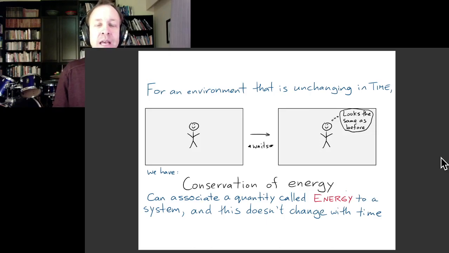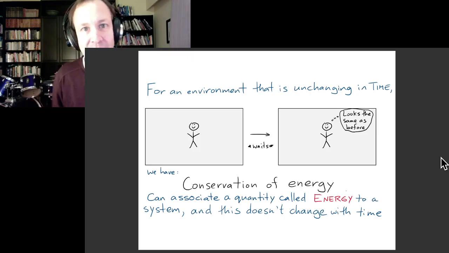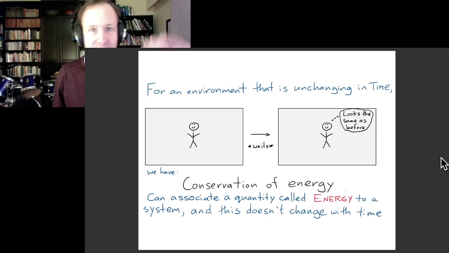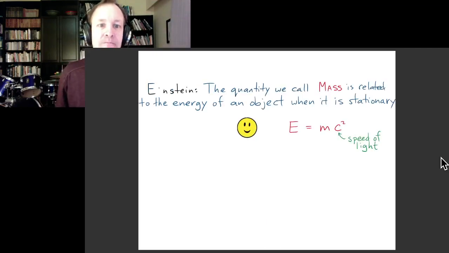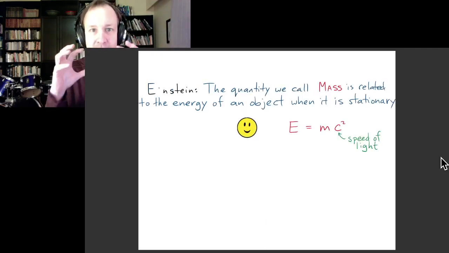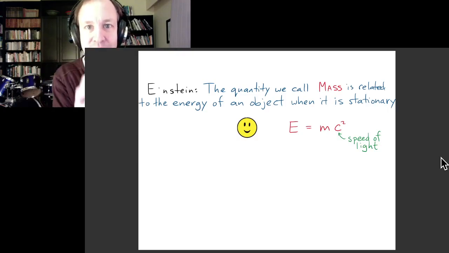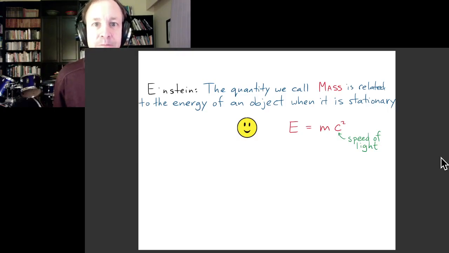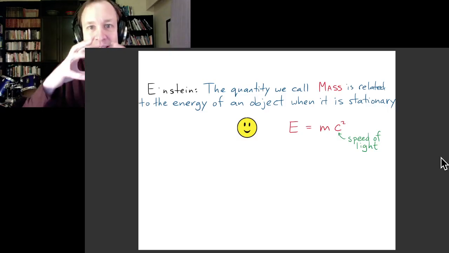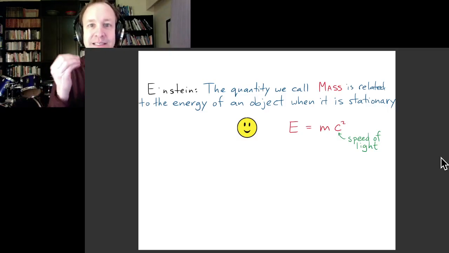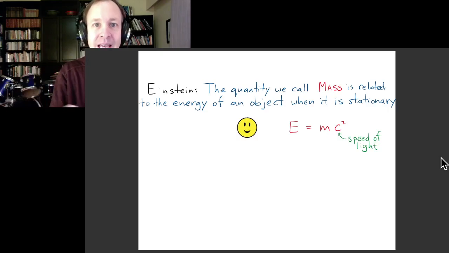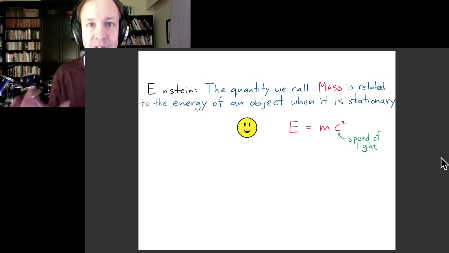Okay. So I want to tell you a little bit about what this energy is, what this quantity is, for the simple case where we just have a single object in, say, this empty space. Okay. And so first, let's imagine that the object is just stationary. So it turns out that in that case, the energy of the object is exactly the same concept as what we usually refer to as mass.